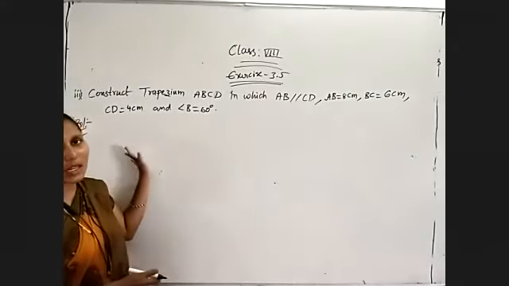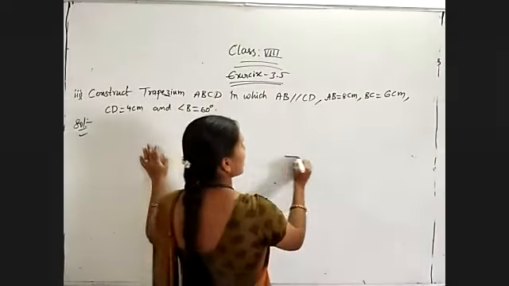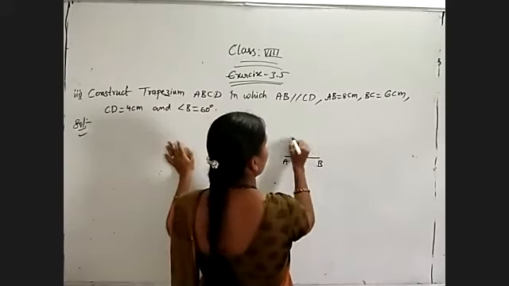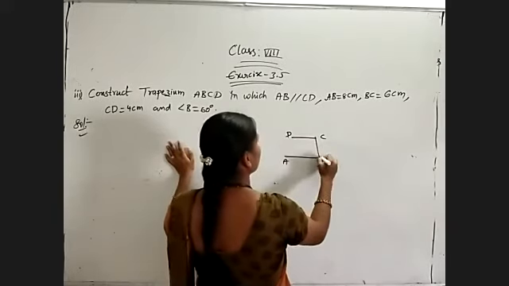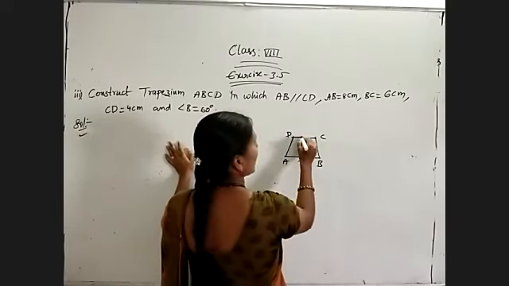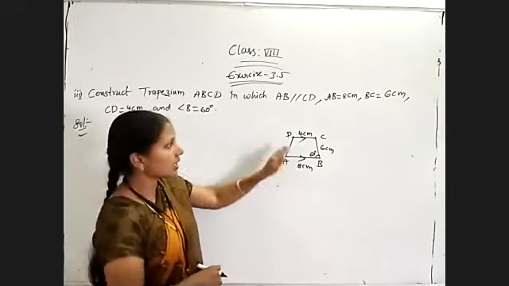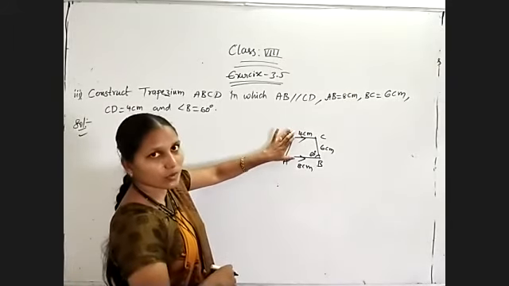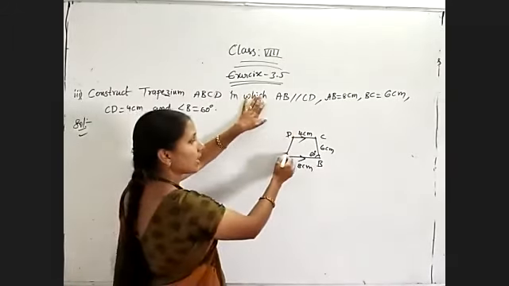So first of all, draw the rough figure, then we'll understand. ABCD is a trapezium. In that, AB and CD are parallel lines. So this is the indication for parallel lines. AB is of 8 centimeters, BC of 6 centimeters, and CD of 4 centimeters, and angle B equal to 60 degrees. Like this, only 4 measurements are given. AD is an unknown value, so no need to take this angle.